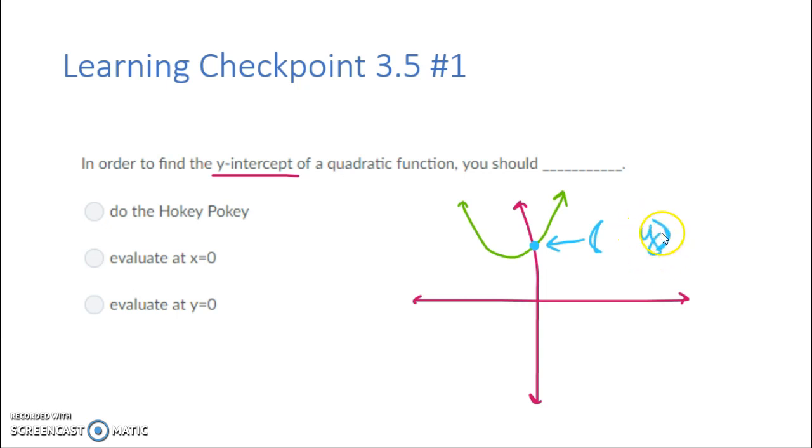I'm up at some value of y, and then I need to know where I am along the x-axis. Your x-axis is this one that runs left to right, and if I'm smack dab in the middle of that x-axis, that means I'm not to the left, I'm not to the right, I'm exactly at x equals 0. So hopefully that gives you enough of a hint.